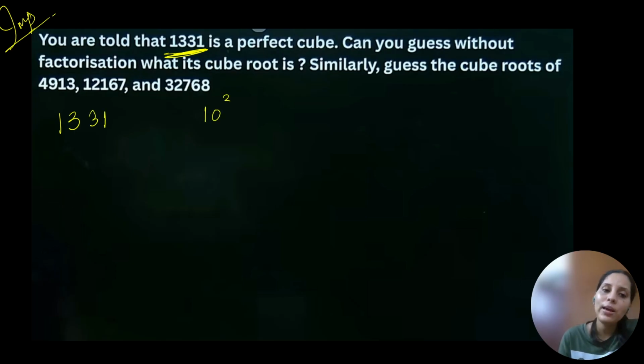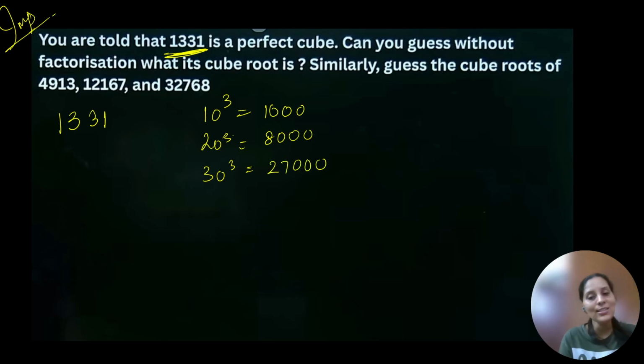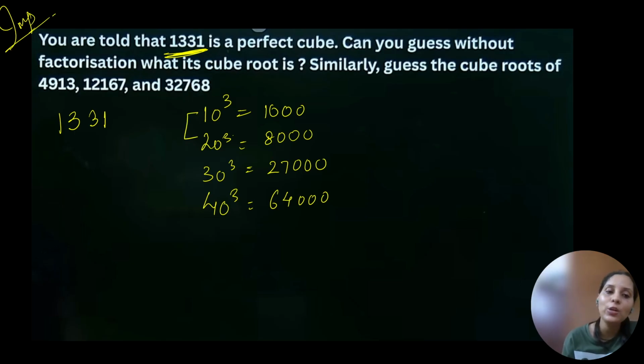As we know, 10 cube is 1000, 20 cube is 8000, 30 cube is 27,000, and 40 cube is 64,000. Now 1331 lies between 1000 and 8000, so between 10 and 20.